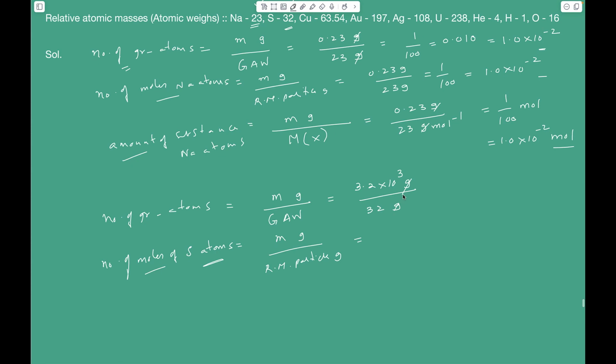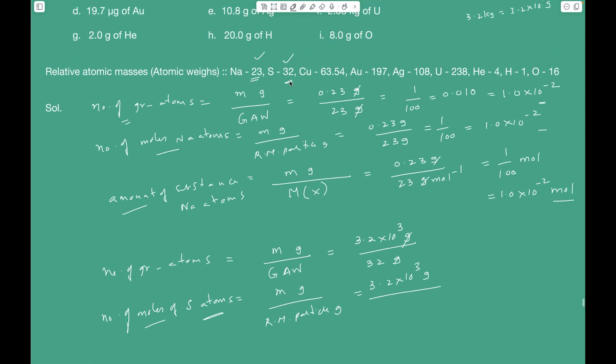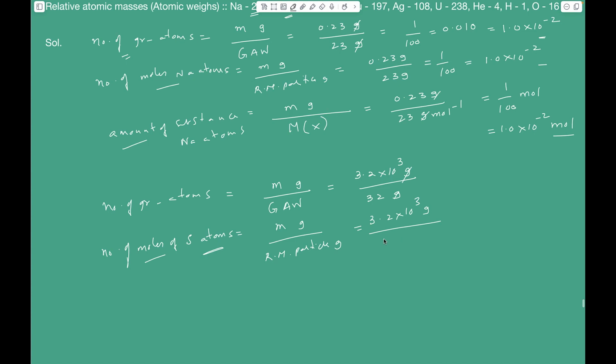What is the mass of sulfur? 3.2 into 10 to the power of 3 grams over, what is the relative mass of sulfur atom? 32 grams. So it is again same as the number of gram atoms.